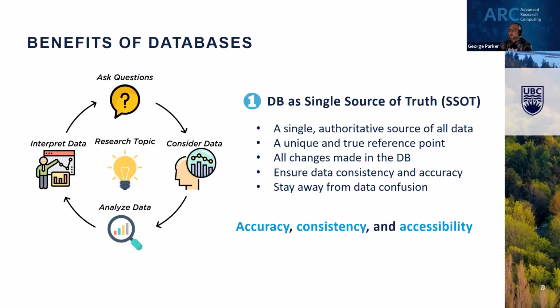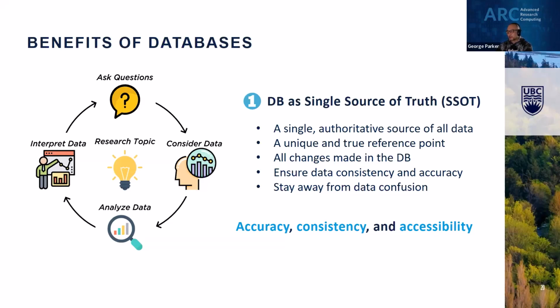Single source of truth is a concept in information management that refers to a single authoritative source of all data. It is a unique and true reference point that everyone in your organization or research group will rely on. If any changes need to be made, you will do that inside the database. So your database is always up to date.